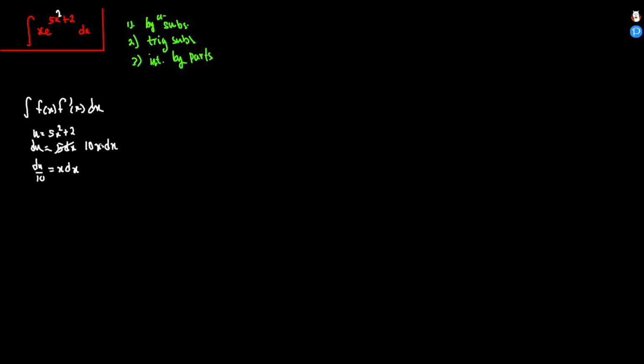But since this is not the case, we're just going to backtrack. Since this is what we have, this is not going to work. So this is by u-subs. Nope, that's not going to work.